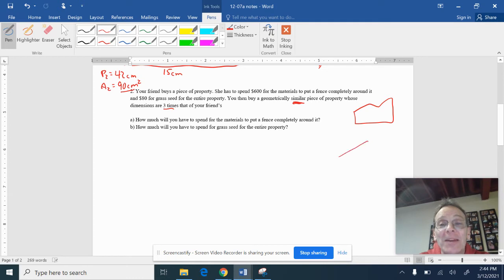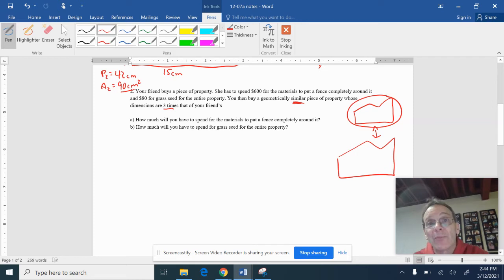So it's going to be just like the one that your friend bought, but it's going to be 3 times the size. Now, that would be highly unusual for you and somebody else to buy geometrically similar pieces of property that are this odd. So this is kind of a fakey problem. Well, it's fakey if you imagine that one piece of the properties looks like that. If it's a rectangular plot of property, then, well, I think it's not so fakey at all.